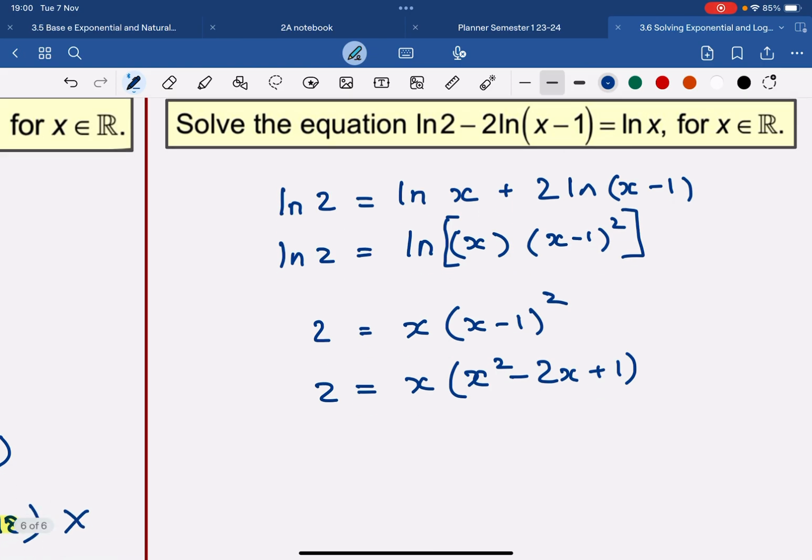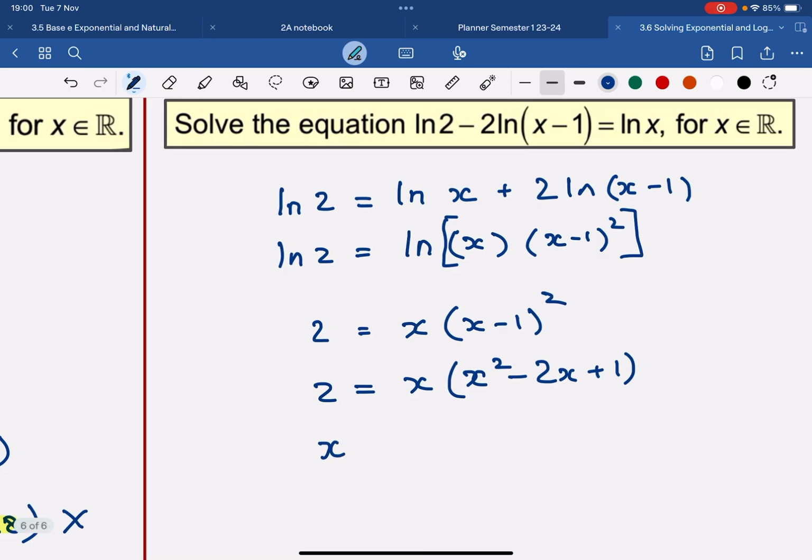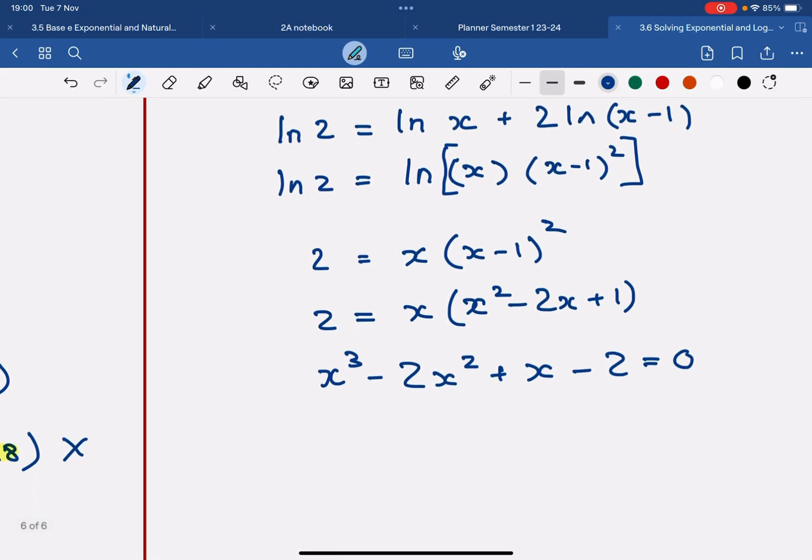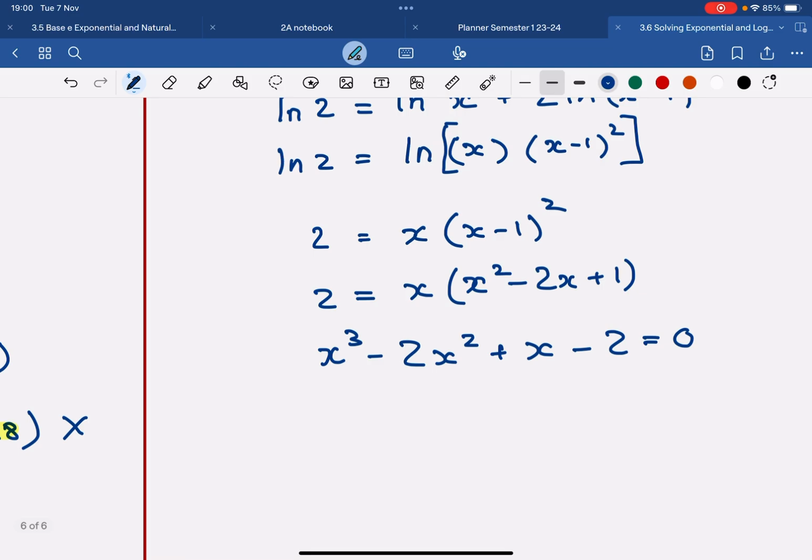But what I can do here is try and solve this cubic using a graphic calculator. So I'm expanding the bracket and making it equal to 0. Now there's up to 3 answers for this.